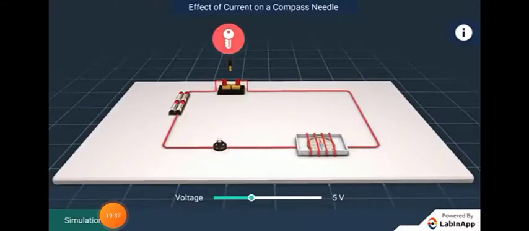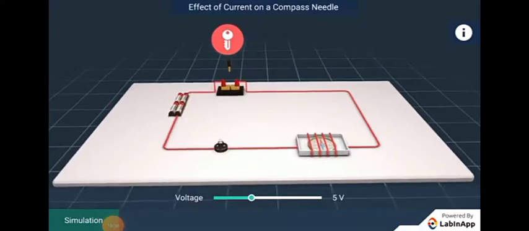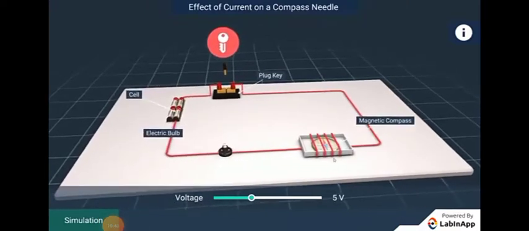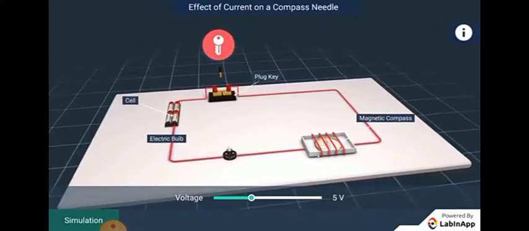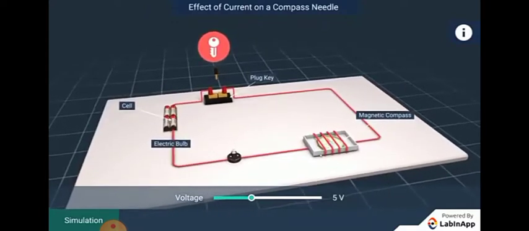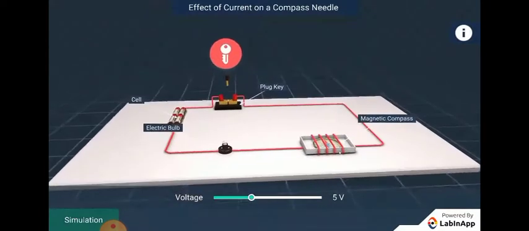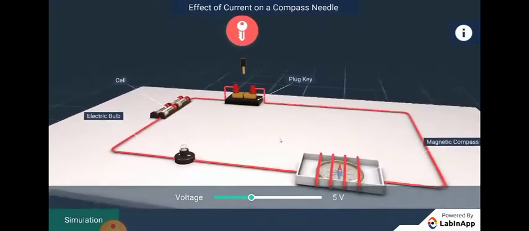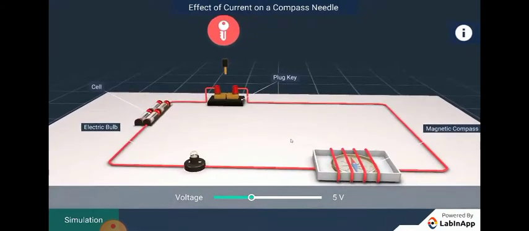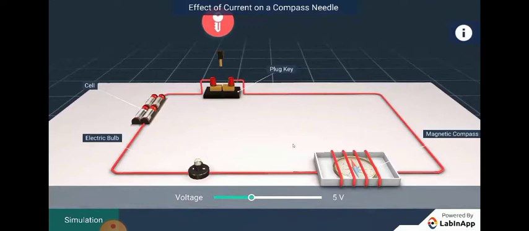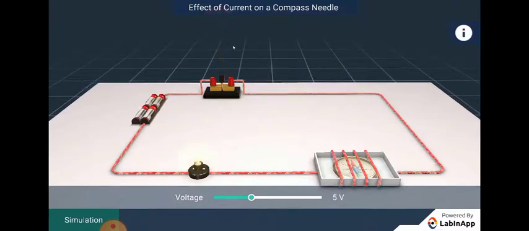This is the part of your experiment. See the diagram which we have seen, the same diagram you are observing over here. Electric bulb, cell, the naming is written. Please note the naming: magnetic compass, plug key. All the things are over here on this board. This is your magnetic compass. You can observe the needle direction.